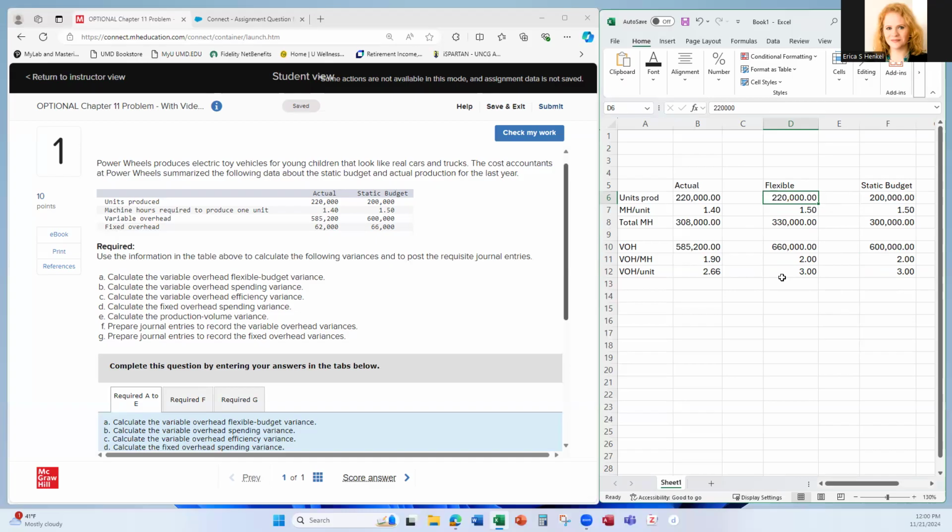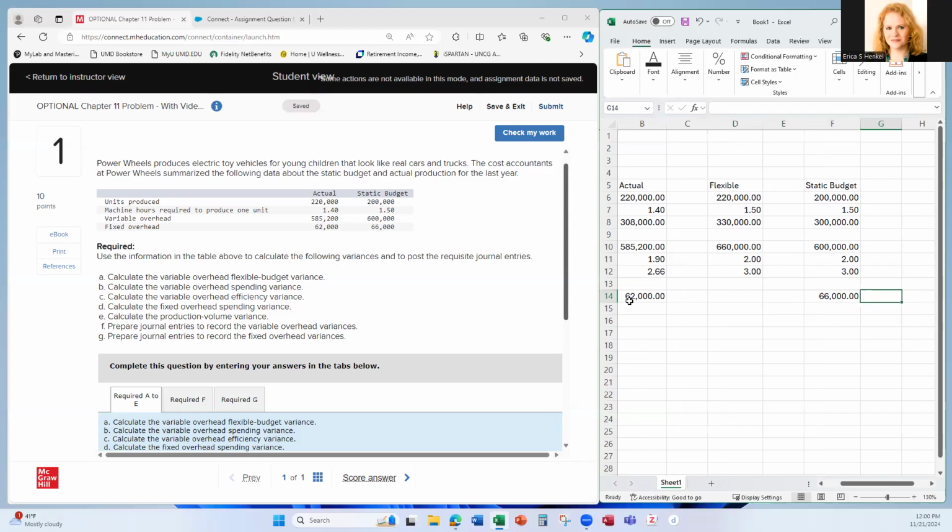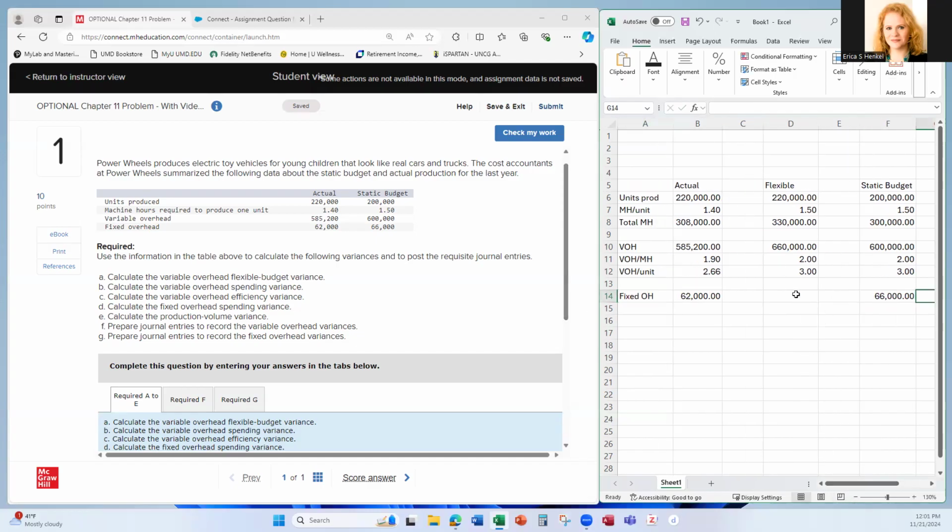Okay, so then let's look at fixed overhead. Let's see here. So 62,000 and 66,000. So fixed overhead here, by the way, is expected to stay the same. So that one should be matched here, right? I'm going to just put equals that.